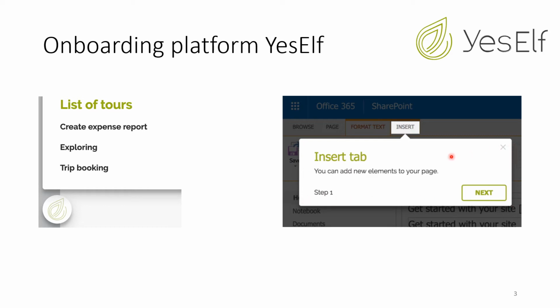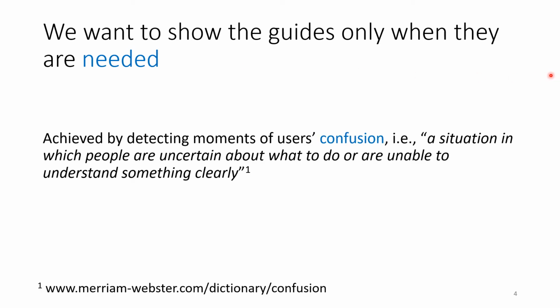So for example, when a user visits some part of the application for the first time, this predefined guide can start automatically. But the problem, of course, is that we want to show the guides only when they are needed. And to achieve this, we detect moments of user confusion, which we define as a situation in which people are uncertain what to do next.